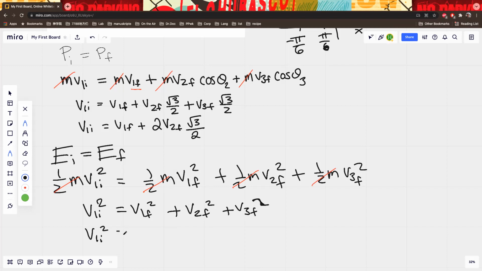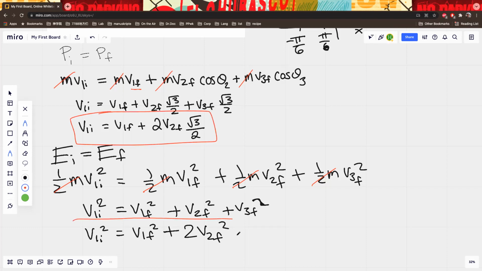Yeah, 2F and 3F are the same. So 2 times V2F squared. So now we have two equations and two unknowns. We have this one and we have this one, and we want to get V1F.